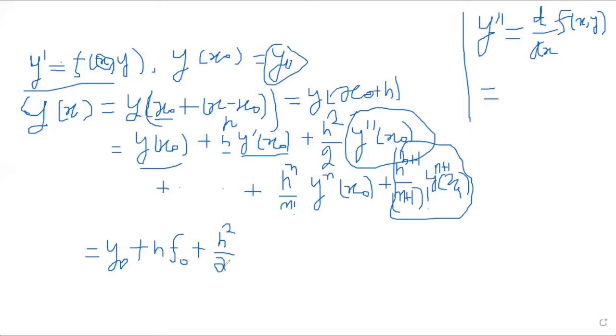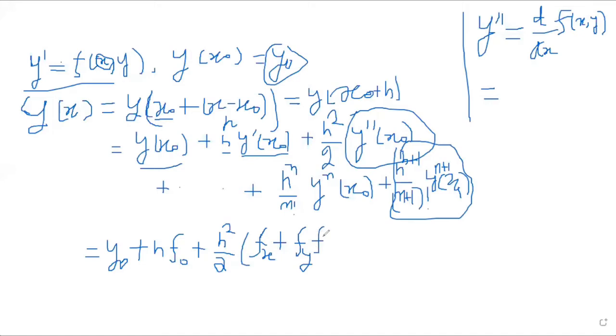So this is 2, and tell me what value we are getting for y double prime. So f x, the partial derivative of f with respect to x, into dx by dx which is 1, plus the partial derivative of f with respect to y into dy by dx, which means y prime, which is again f.